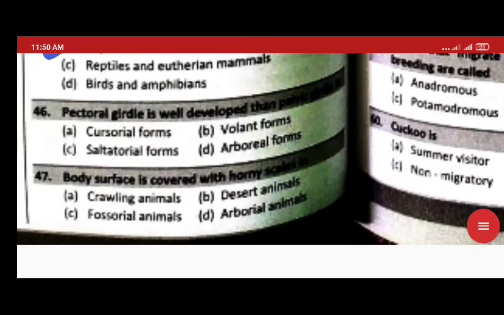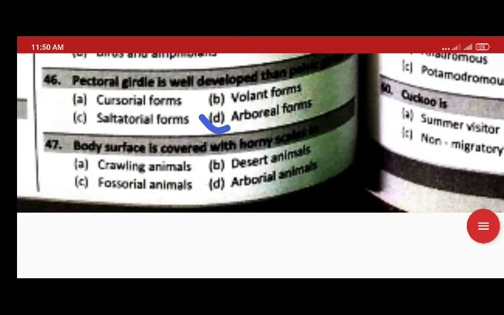So climbing, D number is the right answer. Now body surface is covered with horny scale. So this is for horny scale for climbing type. So climbing or crawling. So option A is right because of horny scales.